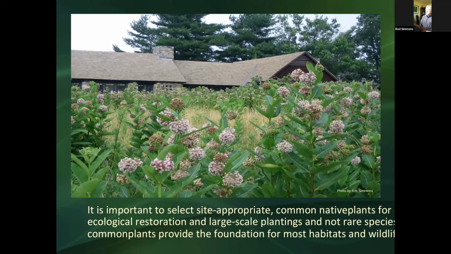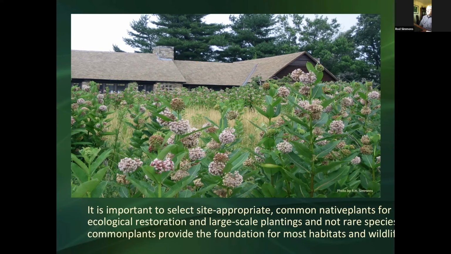It's important to select site appropriate common native plants for ecological restoration in large scale plantings, and not rare species, as common plants provide the foundation for most habitats and wildlife. These include successional plants like the eastern red cedar, broom sedge grasses, and goldenrods, rather than buying a collection of rare plants and having a botanical garden or something like that.